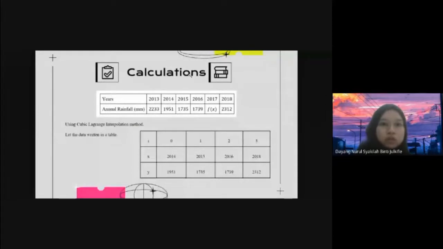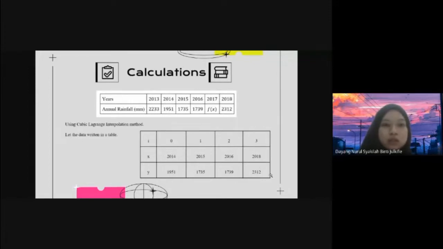For the calculation, the missing data that we need here is for the annual rainfall of the year 2017. So by using the cubic Lagrange interpolation method, let the data be written in a table.